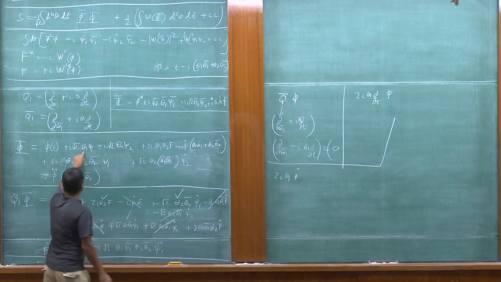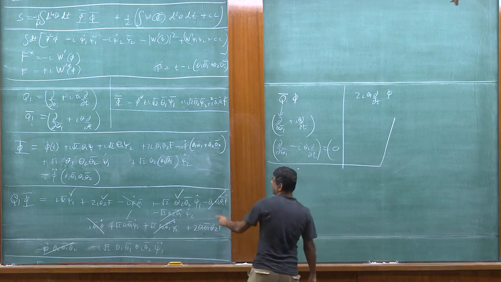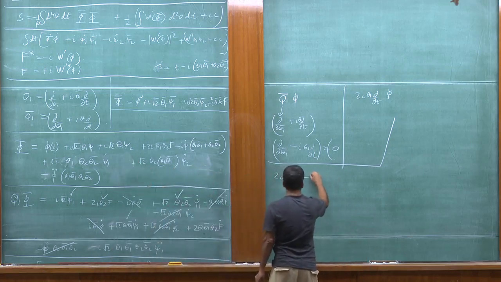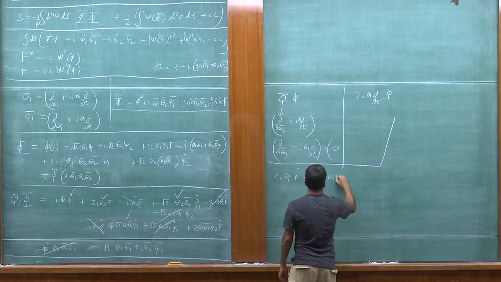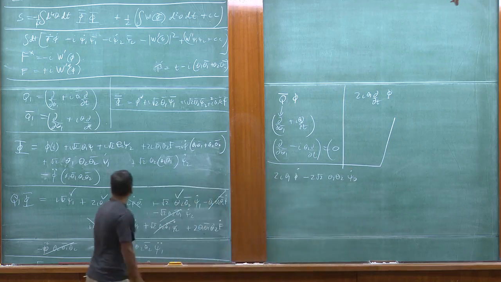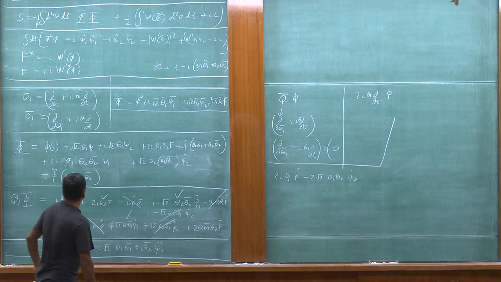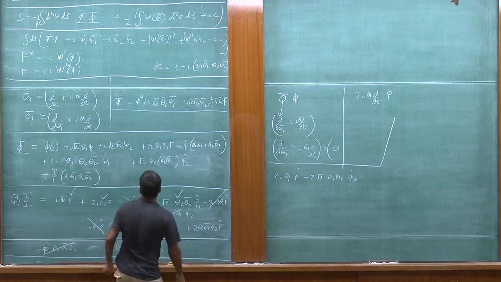Now this will give us 0 because there's a θ₁. The next guy will give us minus 2 square root 2 θ₁ θ₂ ψ₂ dot. This will give us 0 too.